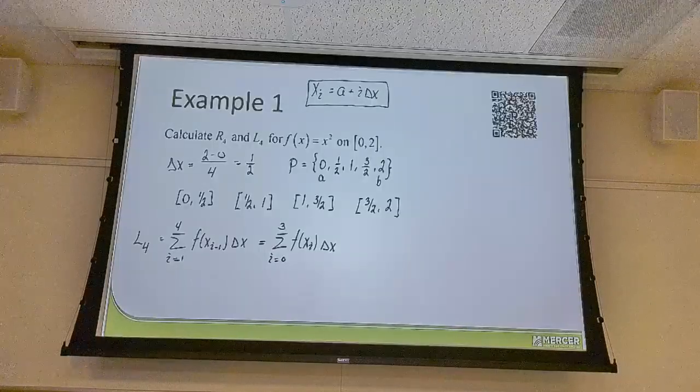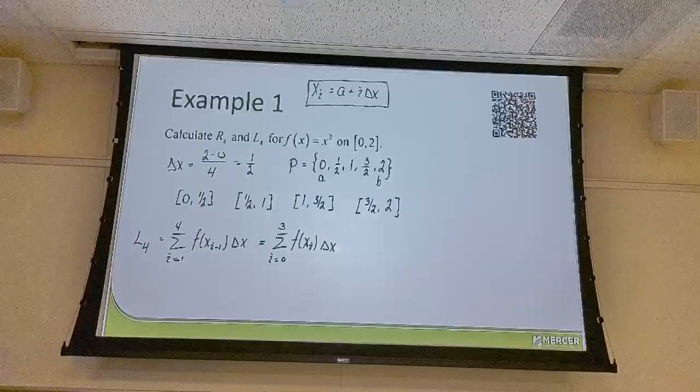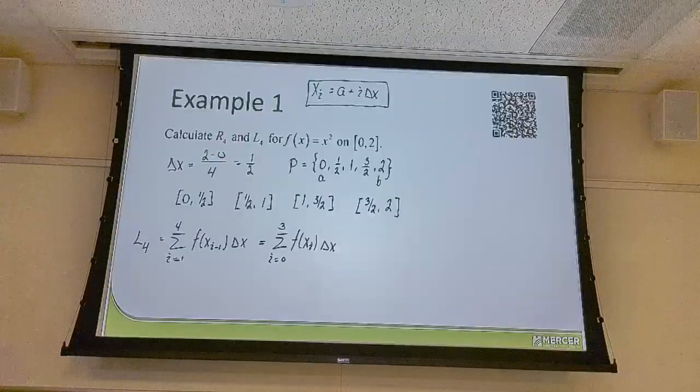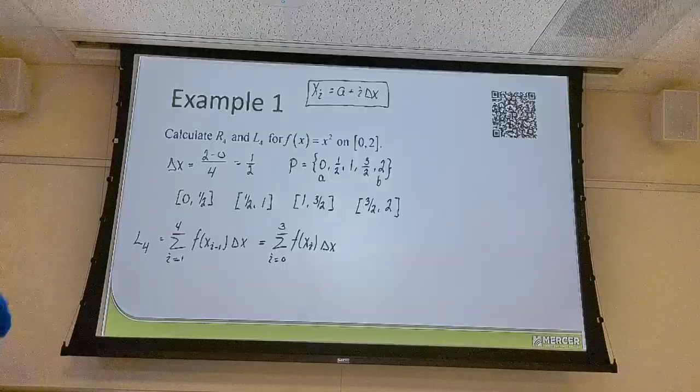Using index shift. That's the form I always use. Why? Because it's the same x_i as with the right endpoint one.